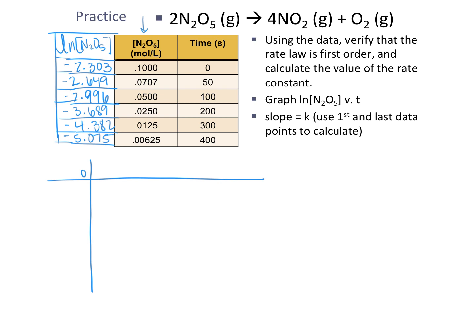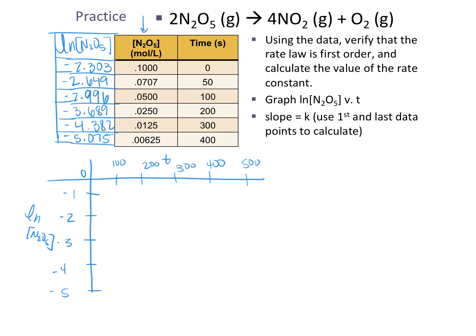So -1, -2, -3, -4, -5, right? This will be my natural log of my concentration, and this will be time. So I need my time to run all the way to 400 seconds, so 100, 200, 300, 400, 500, right?